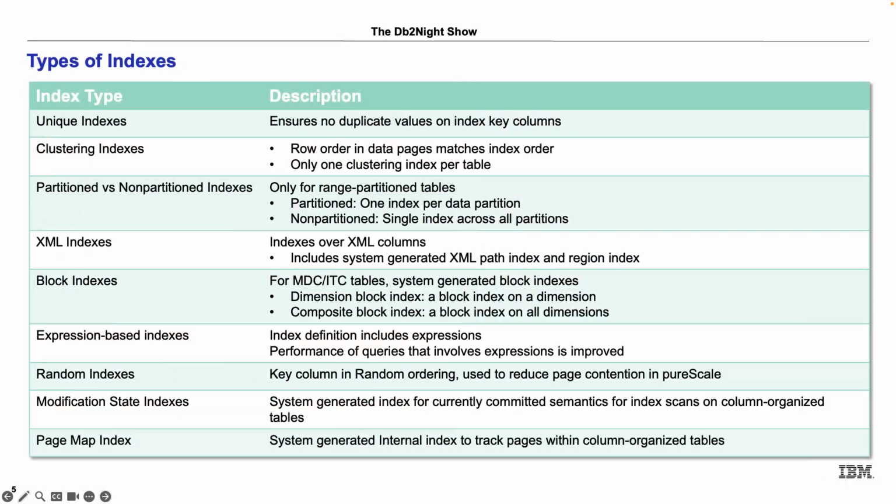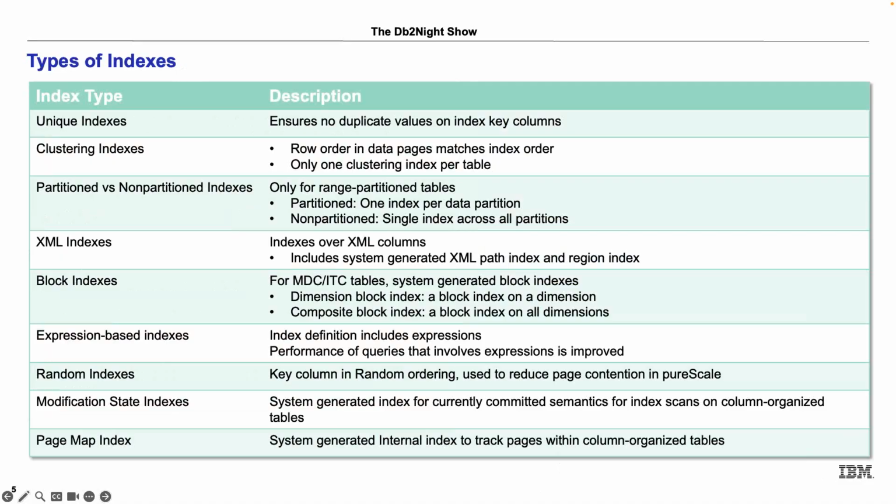All right, so for range partitioned tables, we have partitioned versus non-partitioned indexes. Partitioned indexes offer partition level maintenance, but non-partitioned indexes, which we also call global indexes, span the entire table. Then XML indexes speed up XML queries, and the block indexes, which are used by MDC and ITC tables, cluster data based on dimensions.